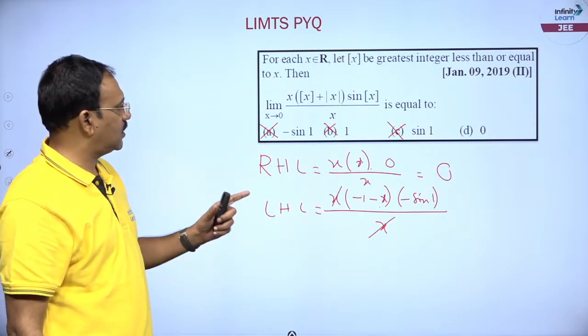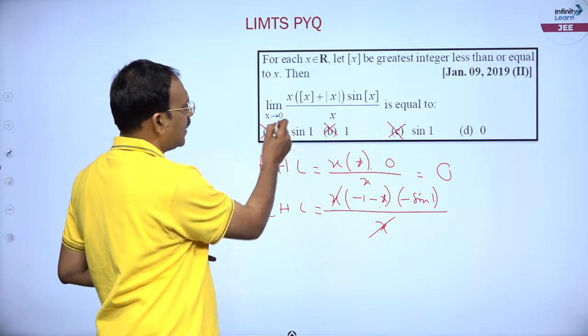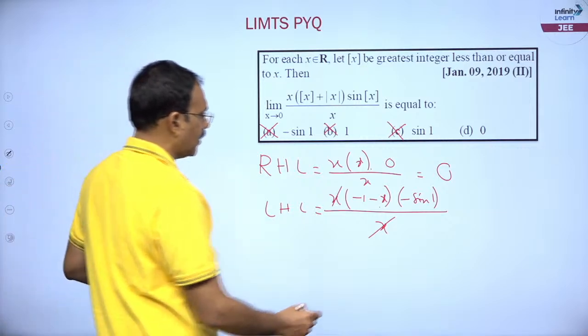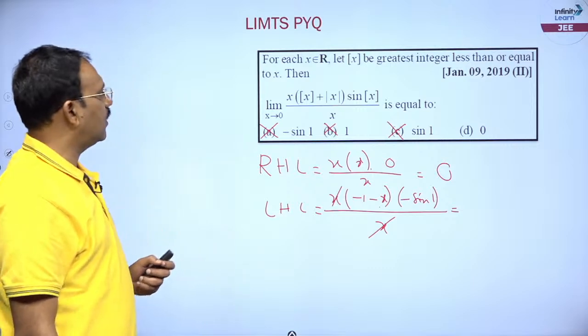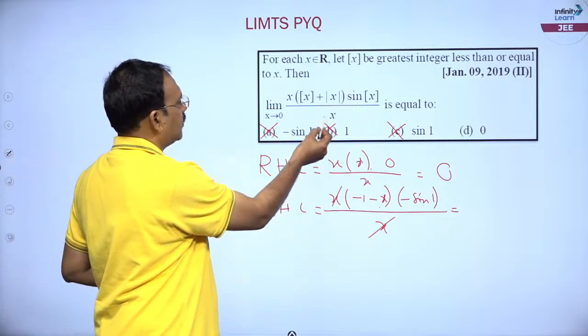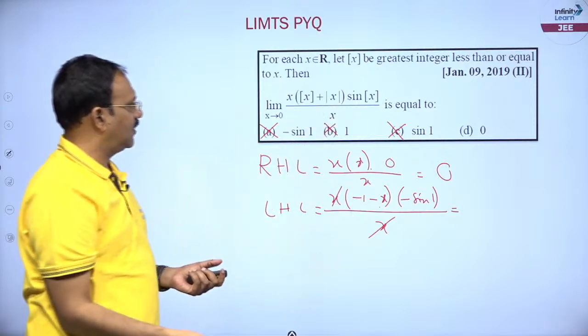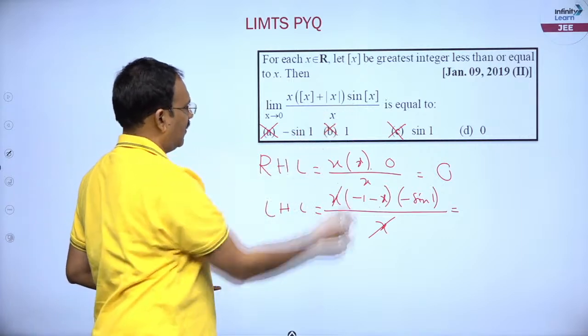He must ask either left hand limit or right hand limit. If left hand limit is asked, you see friends, this x got cancelled, so the question may not be like this.